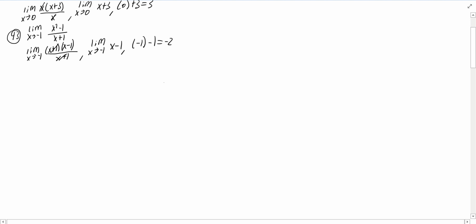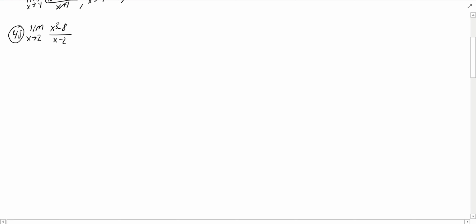Now, I'm going to scroll the page here a bit because this next problem, 45, is a little bit trickier, I would say. In problem 45, we're being asked to find the limit as x goes to 2 of x cubed minus 8 all over x minus 2.